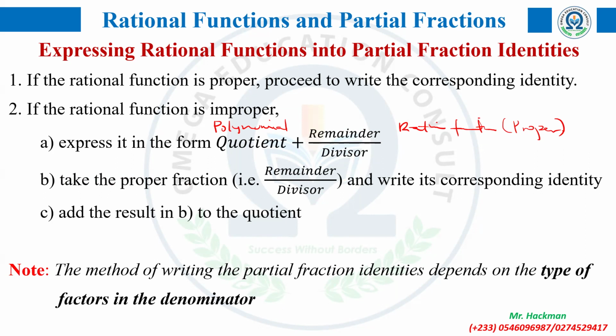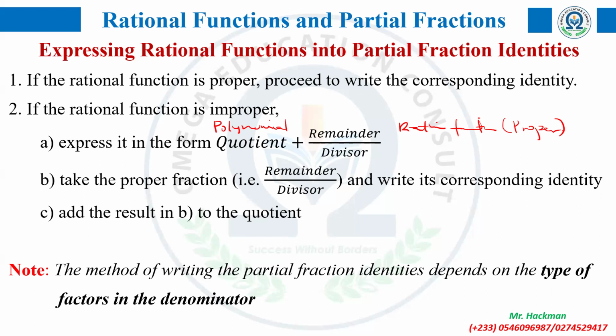We know how to write the identity when our rational function is proper. Then after that, you come and add that identity to your quotient. However, after doing that, we don't end there. Now we are resolving. Once you know the identity, then you move on from the identity.